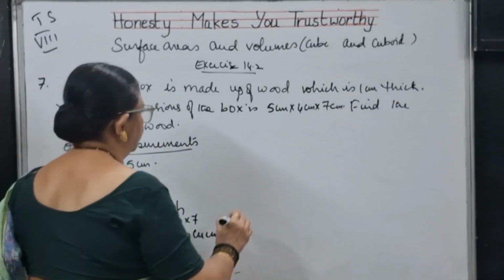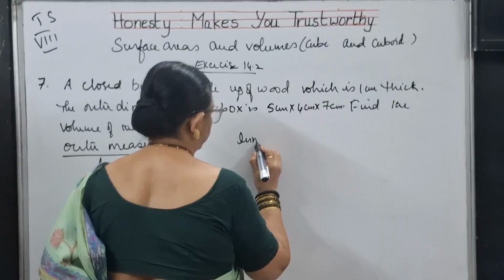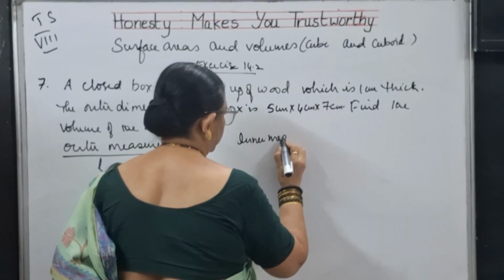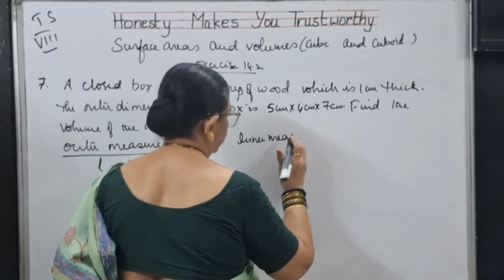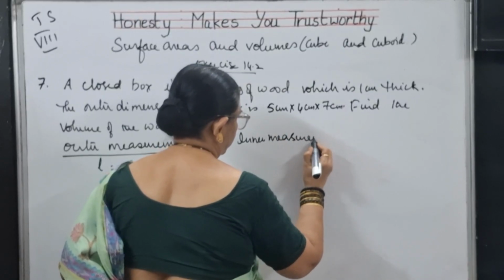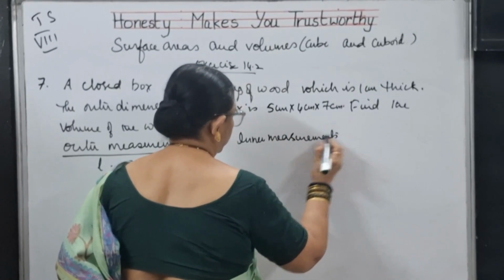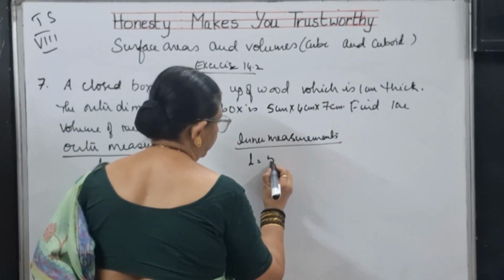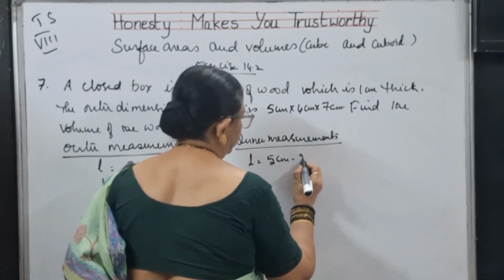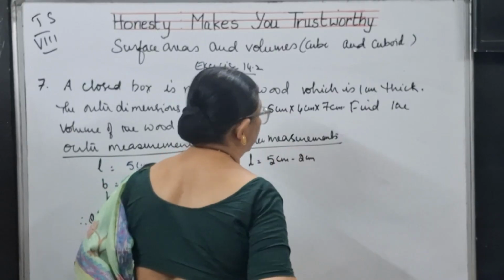Now let us go for the inner measurements. What will be the length? The length is 5 centimeters minus 2 centimeters. Why is it minus?